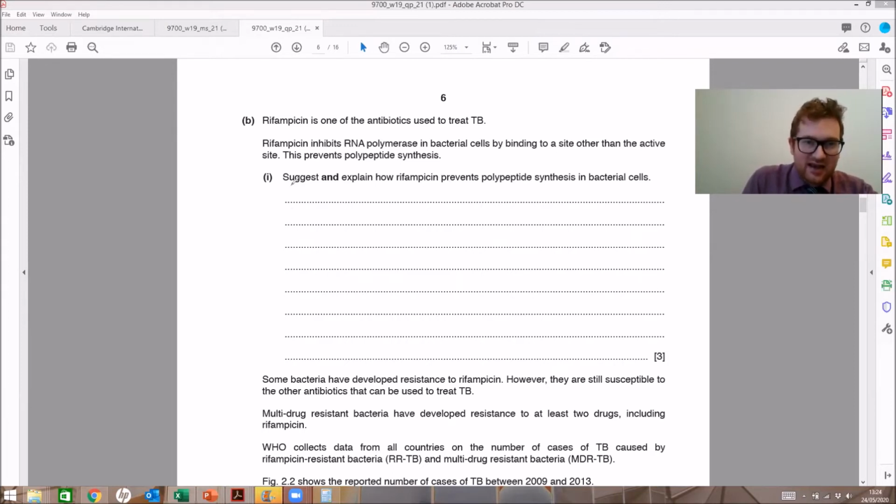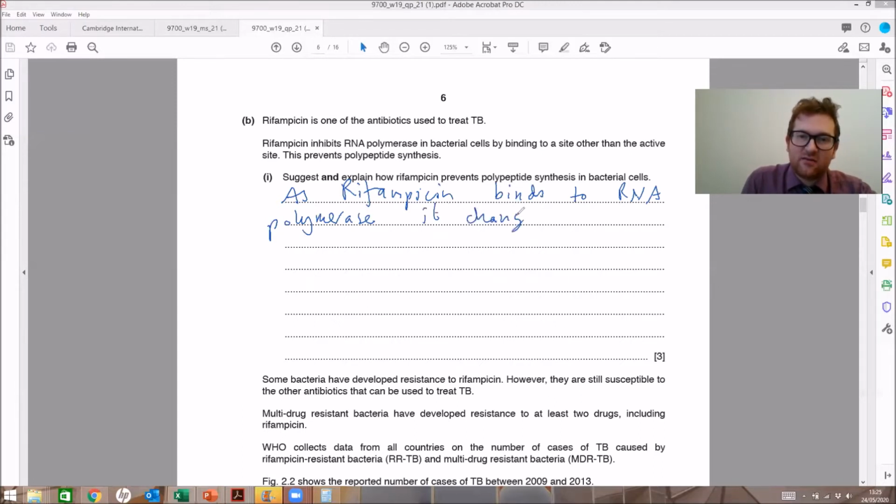So you could say that as rifampicin binds to RNA polymerase, which is your enzyme, it changes the active site shape. Yeah, okay, that's an easy one mark.